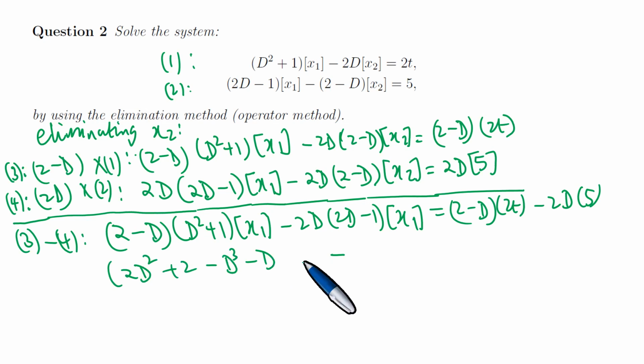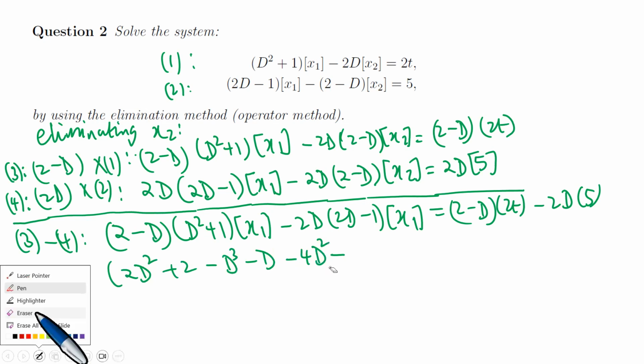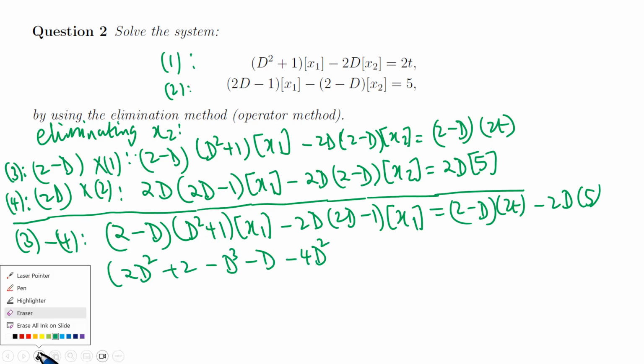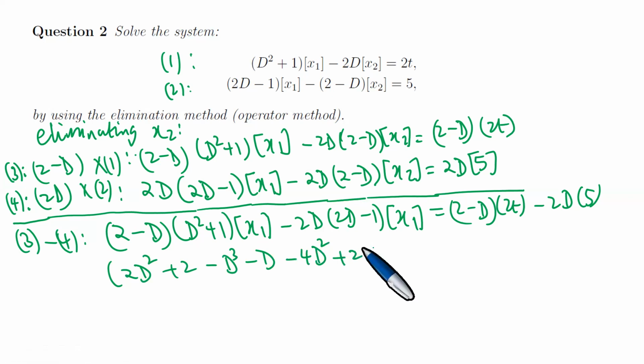So you're going to have this here, and then you're going to have minus 2d in that, which is minus 4d squared, which is minus 4d squared, plus twice d, and then you have that.